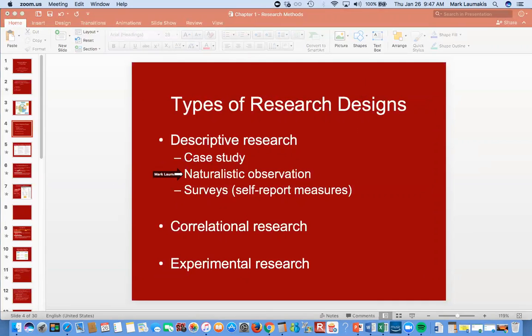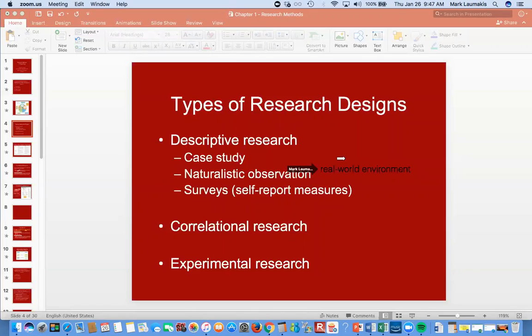In naturalistic observation, what we do is we observe the behaviors that we're interested in the real world, okay? So I'm going to just type in here for naturalistic observation: we're in the real world environment, okay? And that can come up in any of a variety of different ways, depending on what kind of psychologist you might be.